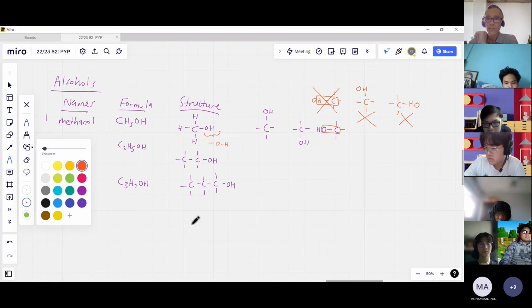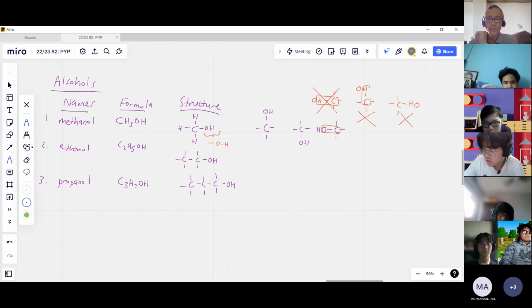If you look carefully, the way that the student drew it shows the link between C and H, which is not true. Same for the next case. If you draw in this manner, the link is between C and H. Again, this is not true.